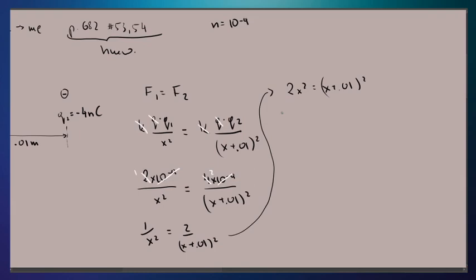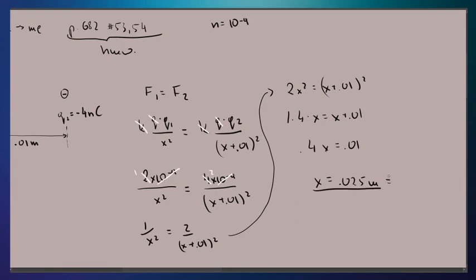Yeah, alright, so 1.4 times x equals x plus 0.01, and that gives me 0.4x equals 0.01, and so x equals 0.01 divided by 0.4. I get 0.025, so this is 0.025 of a meter. That would be the answer.